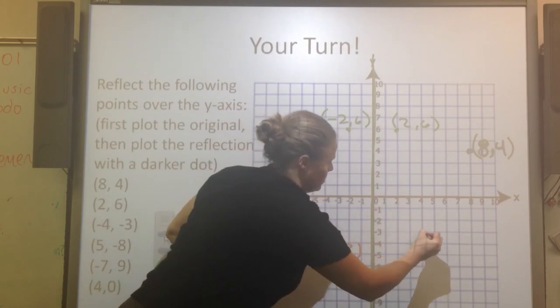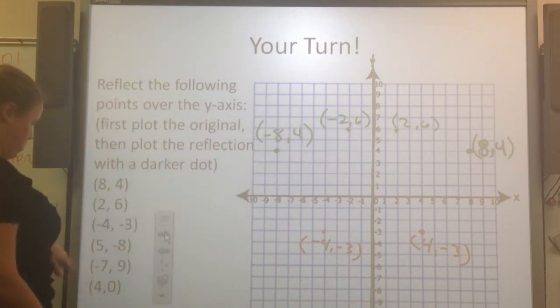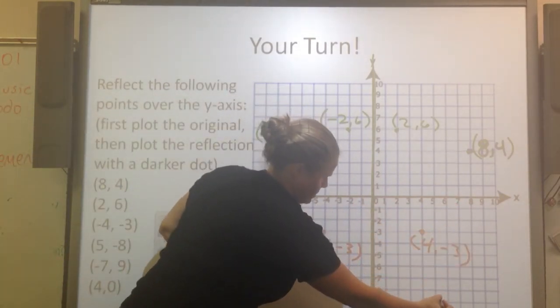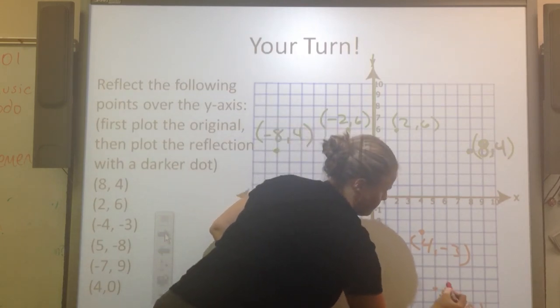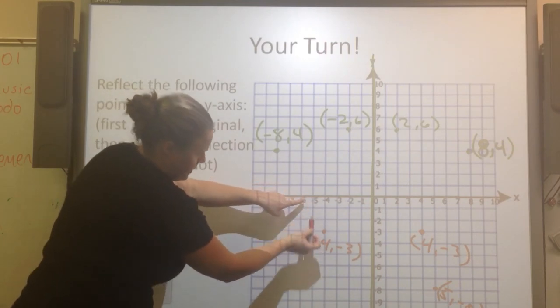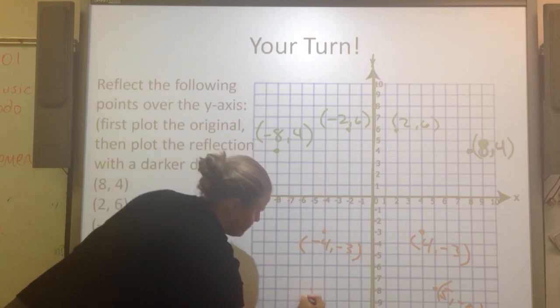So you have to be careful. Then (5, -8): over 5, down 8. Flipping over here, (-5, -8).